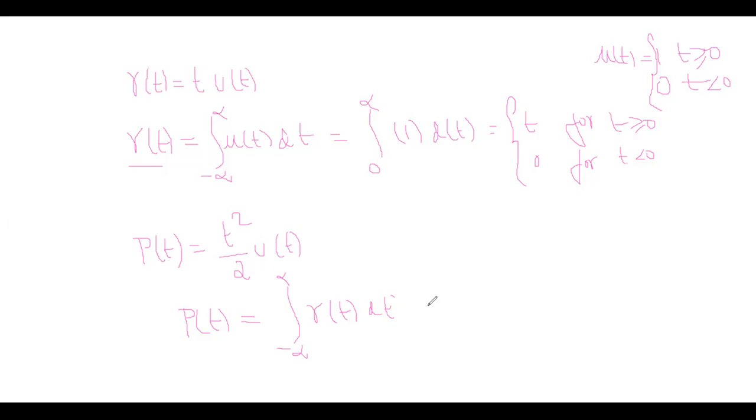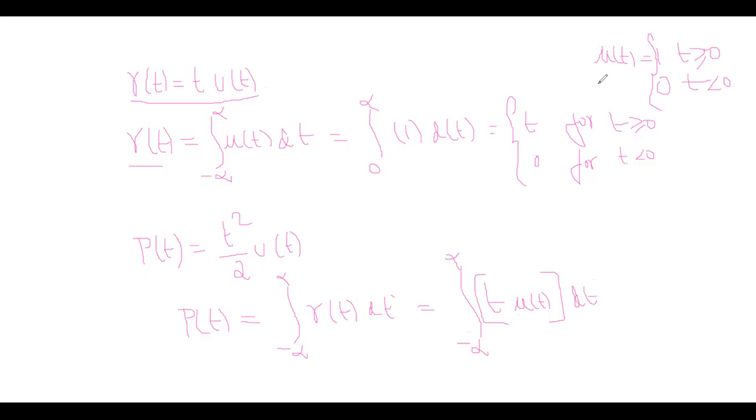If I take this r of t as t into mu of t, then it is the integral from minus infinity to infinity of t mu of t dt.